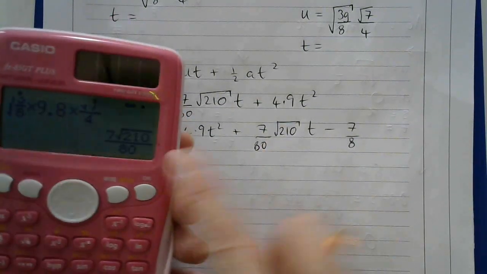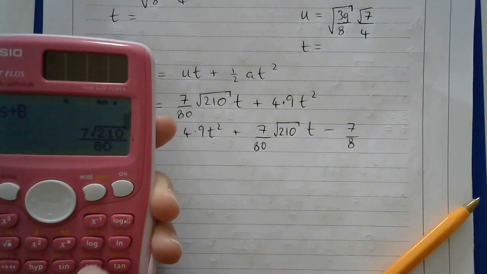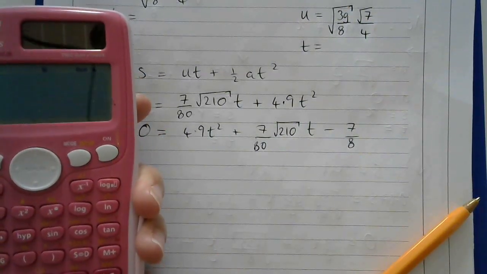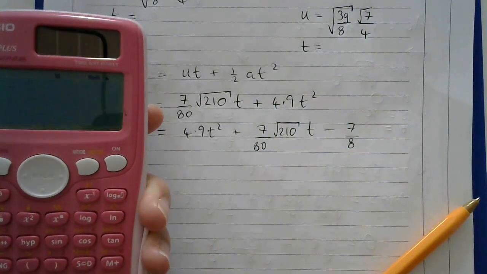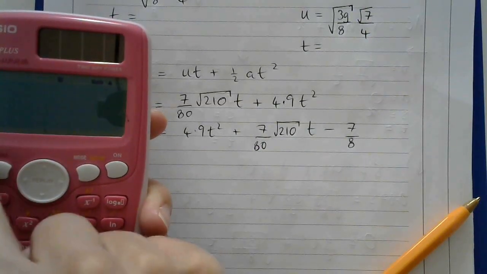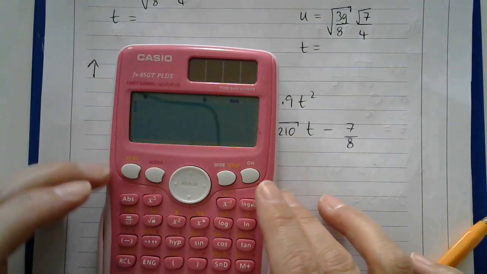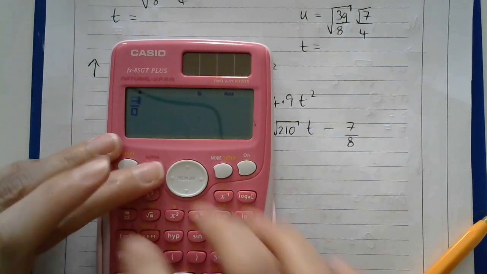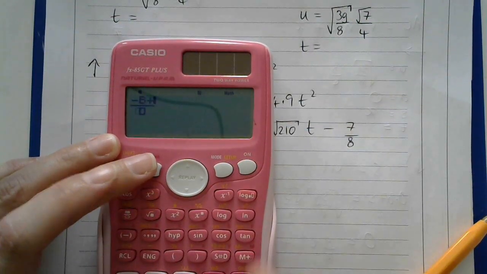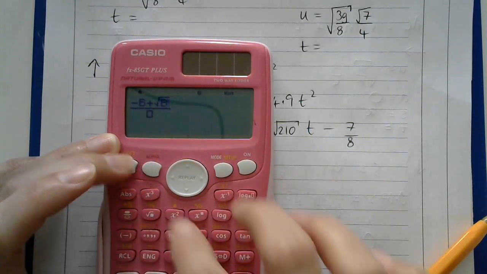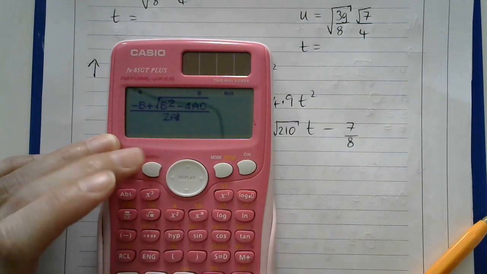So this was the value of B, so I'm going to store that in B. Okay, for A I've got 4.9, store A, and for C I've got negative 7 over 8, store C. Okay, so now I can just type in negative B plus the square root of B squared minus 4AC, all divided by 2A.